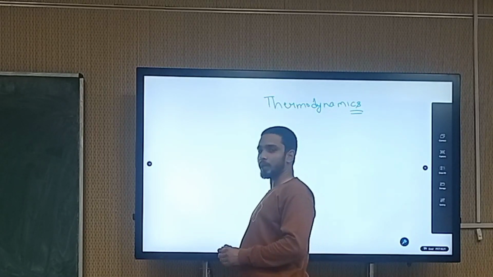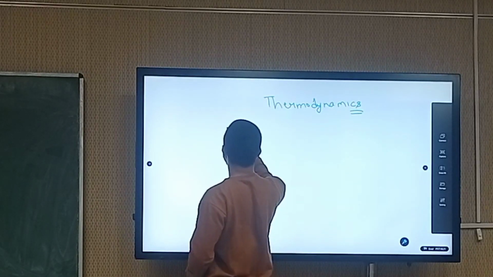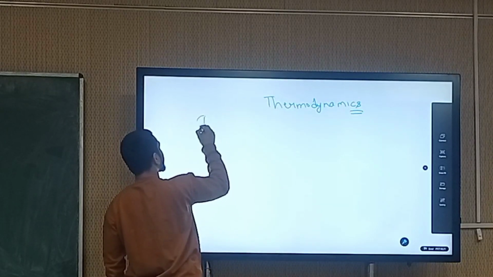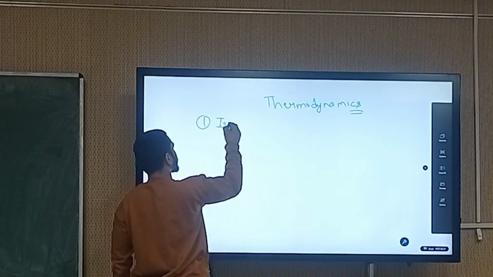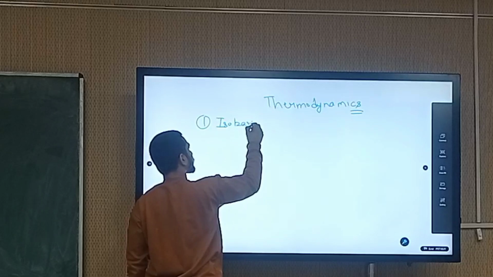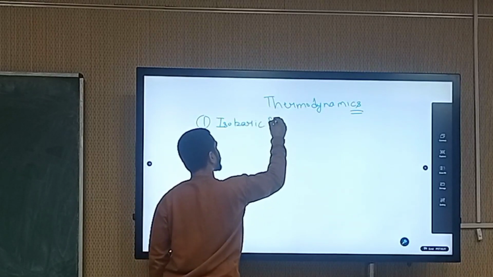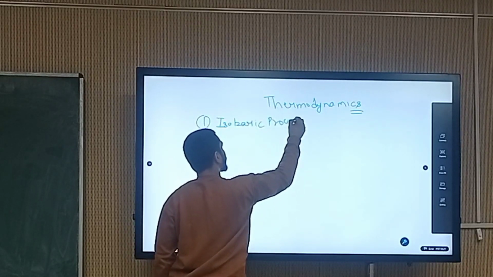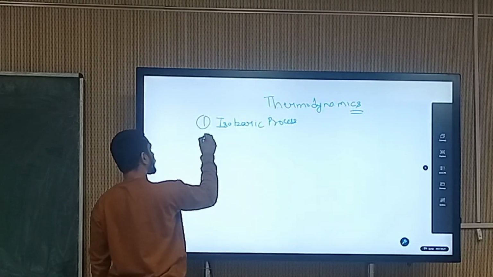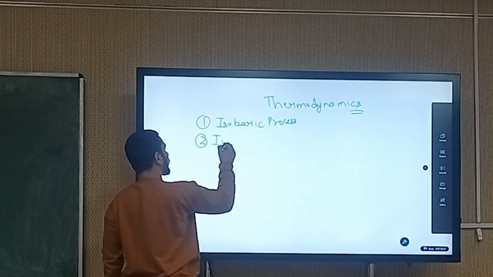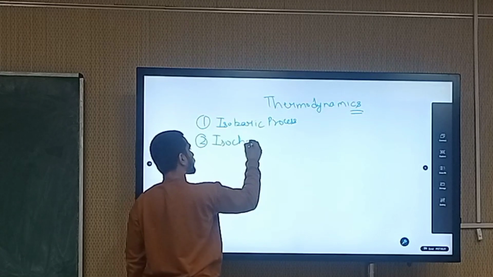Okay, so moving further in thermodynamics, we will see different types of graphs for different processes. So the first process is the isobaric process. Second is the isochoric process.